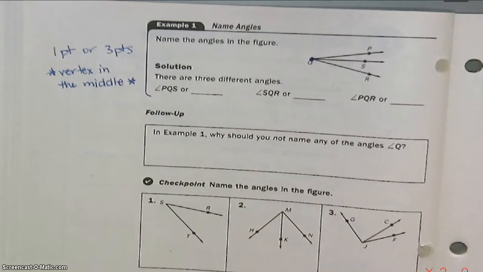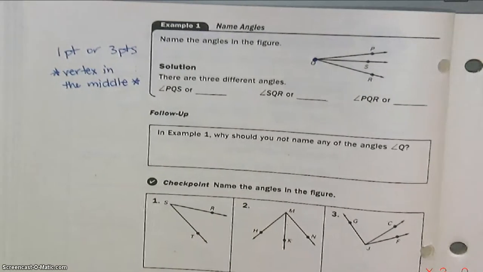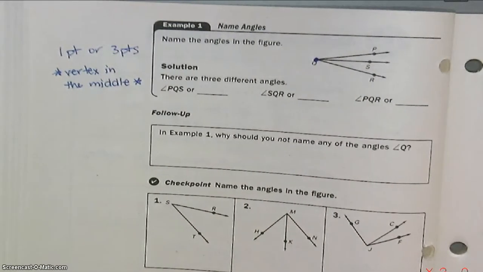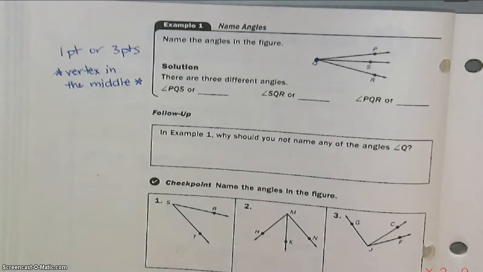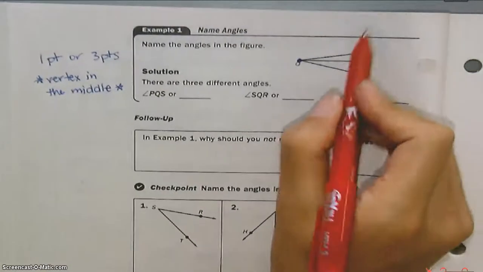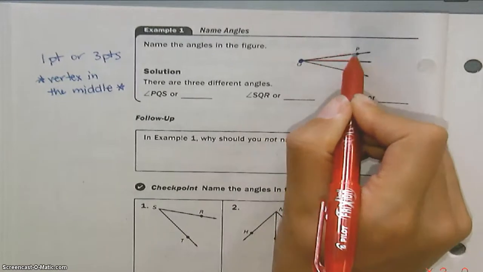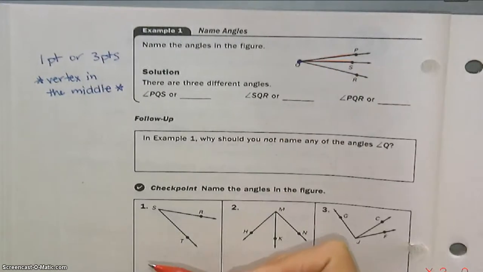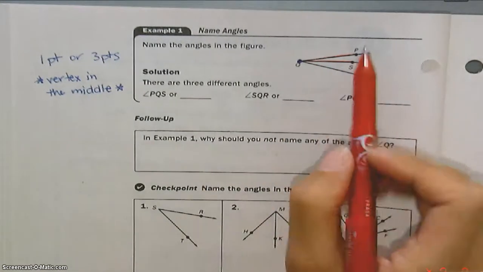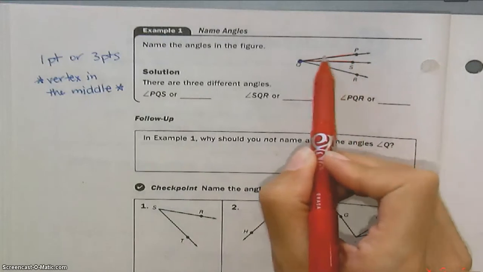And I'm going to get a couple different colors here. See if I can show you the difference. So let's talk about this angle right here, this small angle. I'm going to color it in red. That angle, Q always goes in the middle, is PQS.